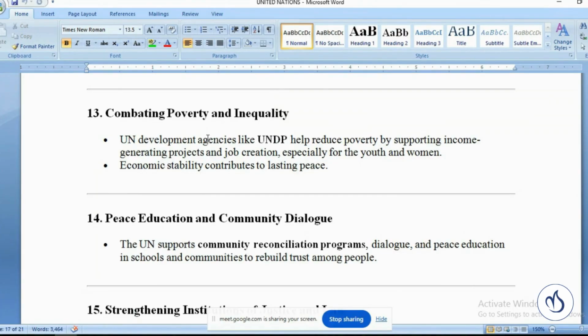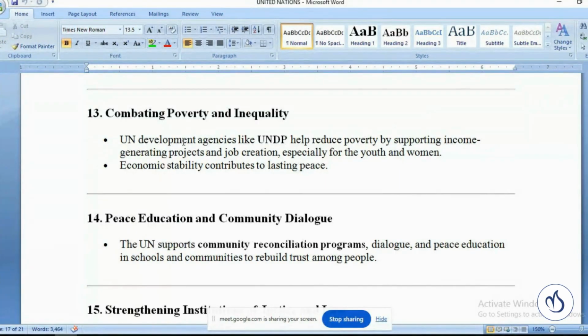So the UN does that by constructing industries and providing jobs to the youth. I remember when they were giving out mosquito nets, I registered my name during my vacation in senior form. And I was also involved in giving out mosquito nets. So they tried to employ me.